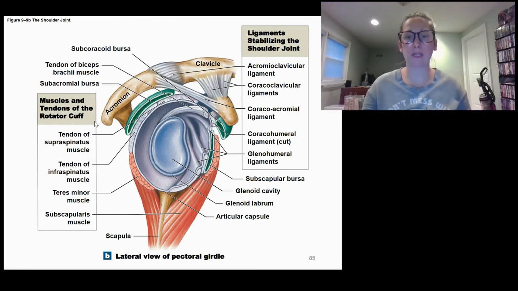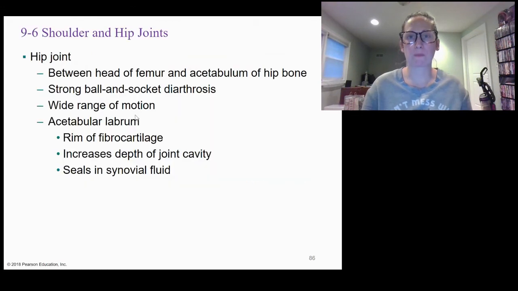You can also see the labrum located here, again, creating a deeper socket within the glenoid cavity, as well as numerous tendons. Here's a few in green of those bursae, those little water balloon sacs. Just a lot happening with the shoulder. So again, a lot of creation of the joint through essentially the ropes and the wires, the ligaments and the tendons and the bursa within the shoulder.